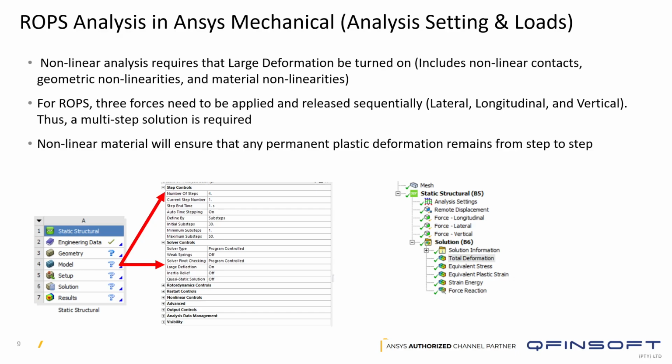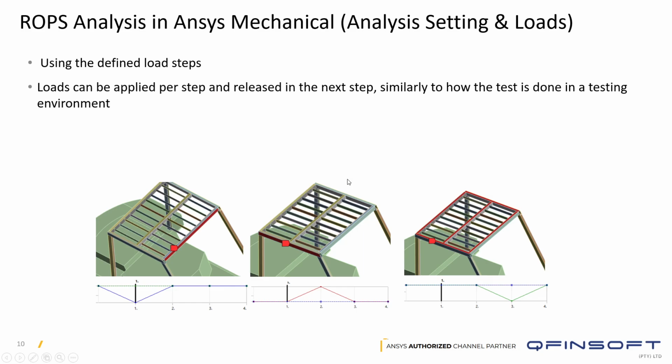And then I've added an additional 4th step. This is where all the loads have been removed, and we can see the final deformed state of the cabin after all these loads, as would be done in a test. The non-linear material will ensure that if we have any kind of permanent plastic deformation occurring in any step, it will be carried into our following sequential steps.